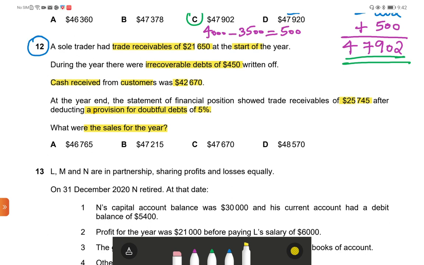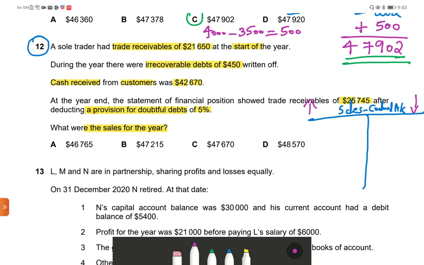Otherwise we can open a control account, the sales ledger control account. The easy tip: increasing debtors on the debit side, decreasing debtors on the credit side.